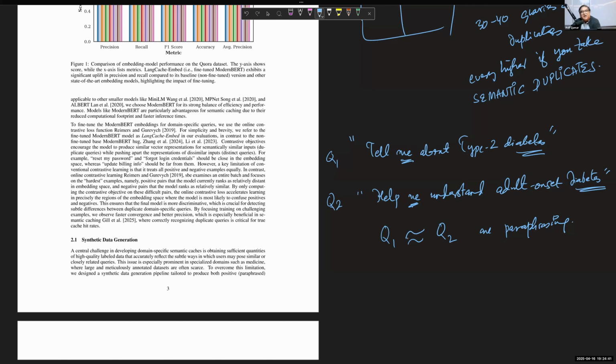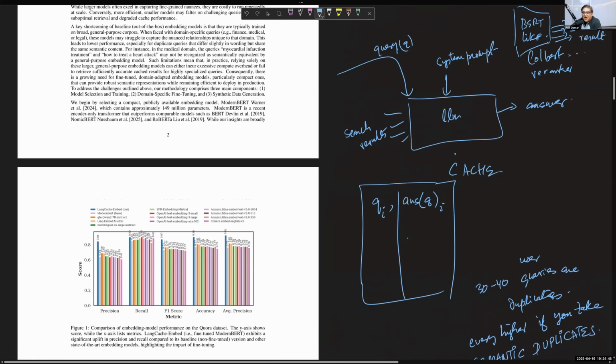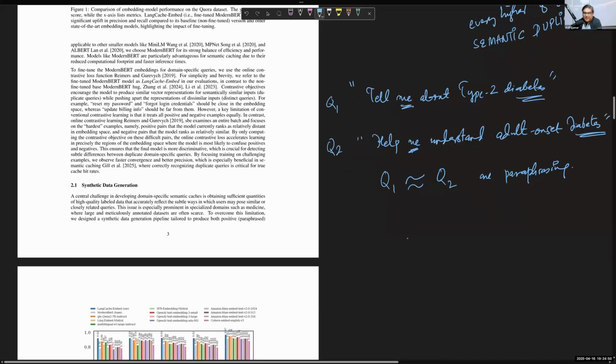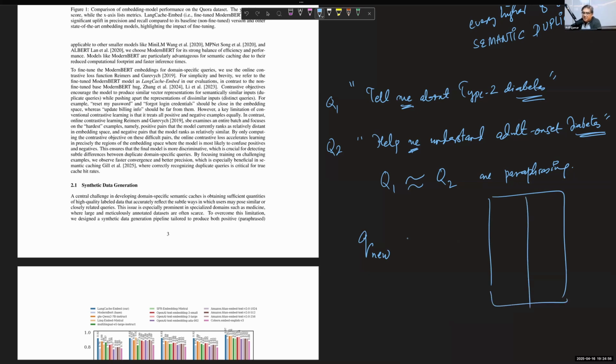So when we do RAG, a common theme is, can we not only cache? So instead of doing a hard lookup, let's say that a new query, Q new, comes, and we have a table, a cache of Q1, answer to Q1, and so forth, Qn, answer to Qn, and we maintain a hot cache of it.